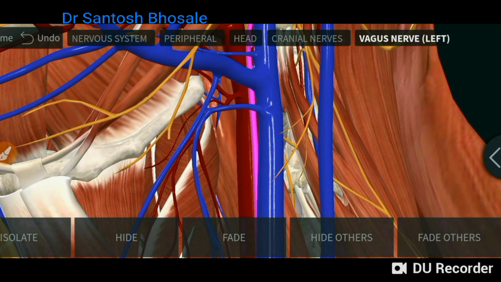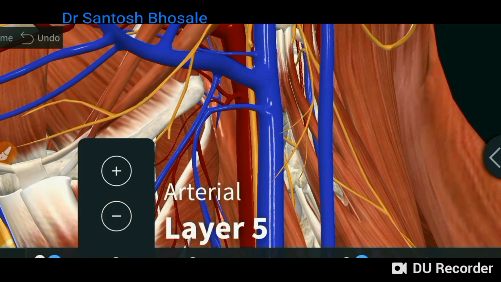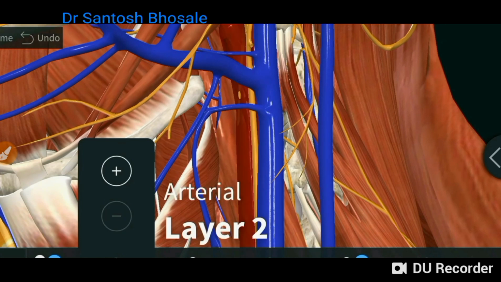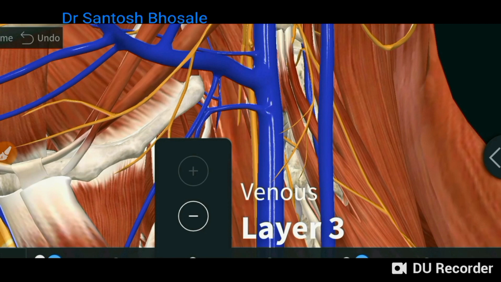So you have seen the boundaries of the carotid triangle, the contents, and you have also seen the roof, skin, superficial fascia, transversocervical nerve, tributaries of external jugular vein, platysma, and when you take out the roof, you will see the contents covered by carotid sheath. Carotid sheath has three contents: common carotid artery, which we have taken out.